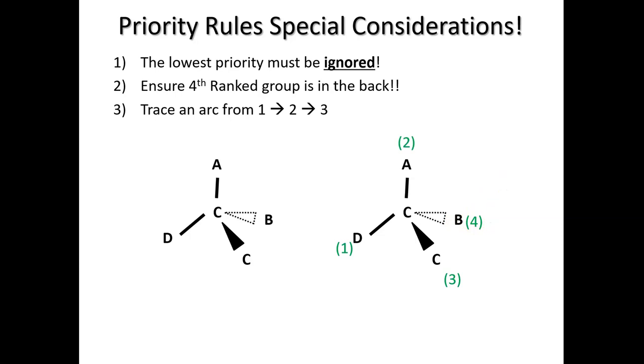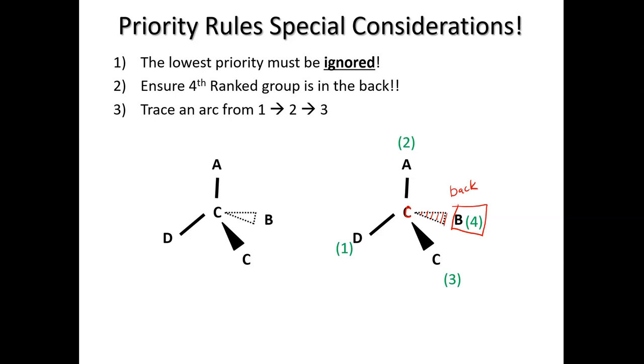So here is our chiral center in the middle. And some of the rules that we need to follow is we need to ignore the low priority. So the low priority in this instance is B. And we're going to put it in the back through this dashed line. So this is in the back of our molecule.